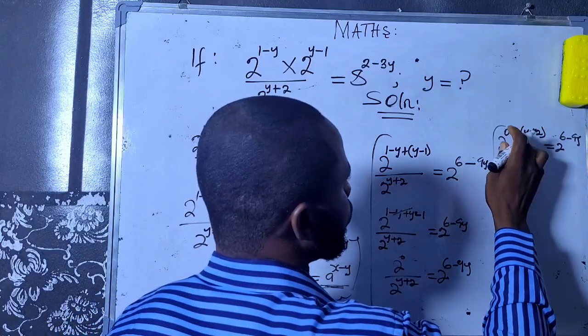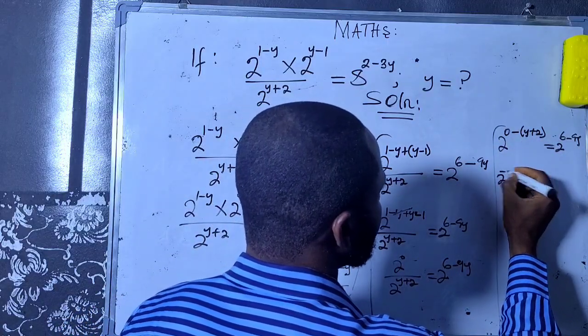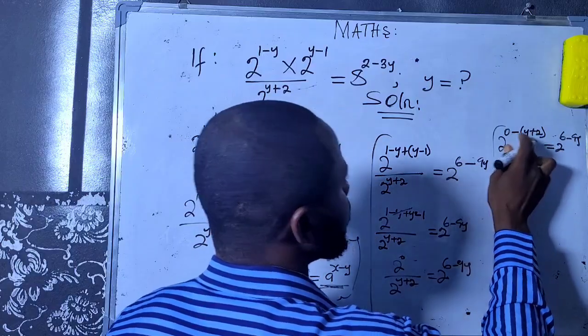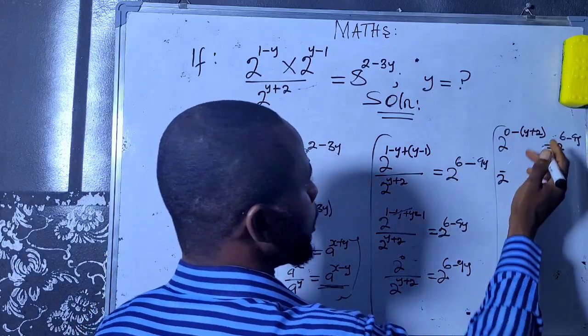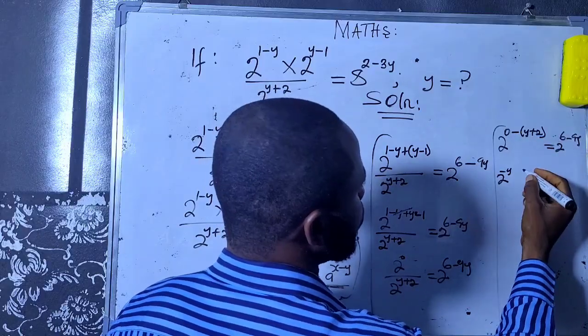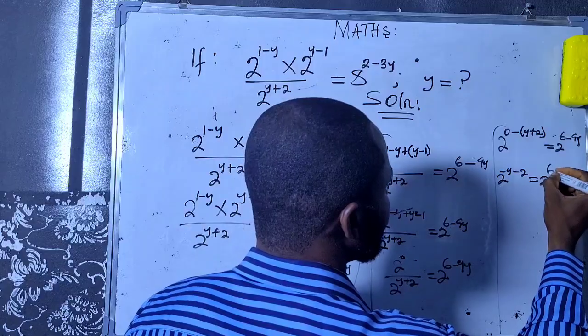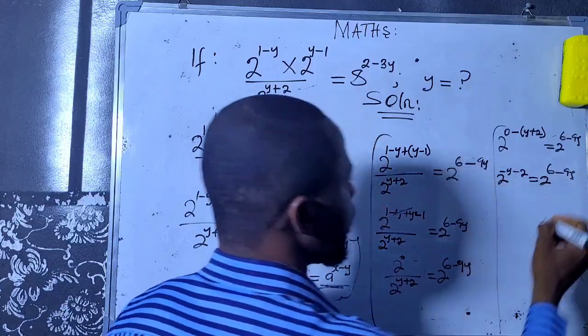If we subtract this from 0, we have 2 to the power of negative. Let us open the bracket at the same time. Minus 1 times y gives us minus y, then minus times plus 2 gives us minus 2, equals 2 to the power of 6 minus 9y.